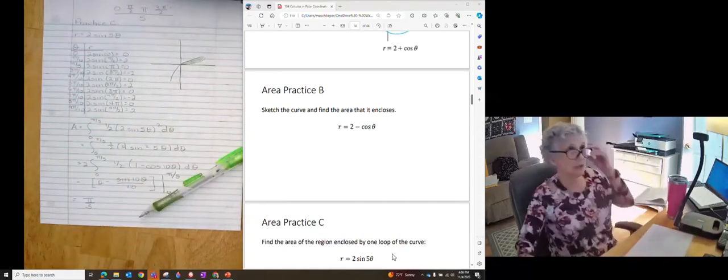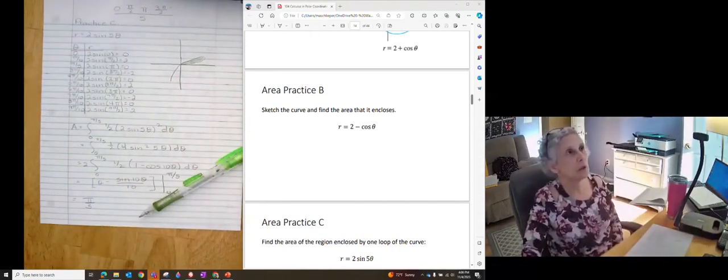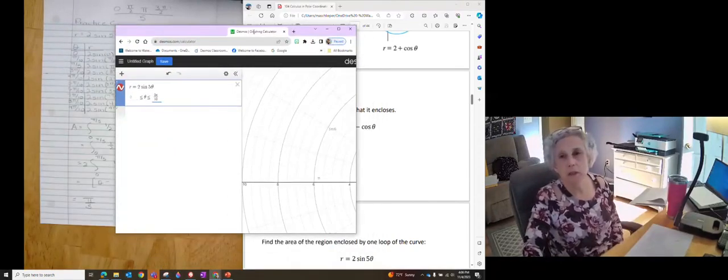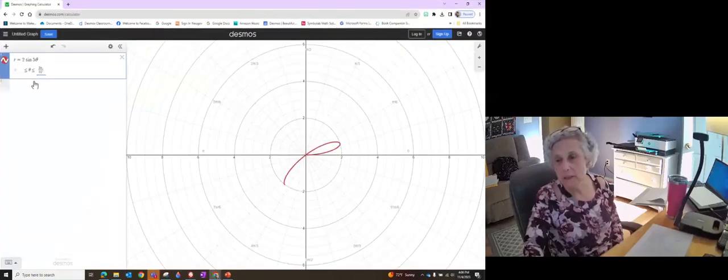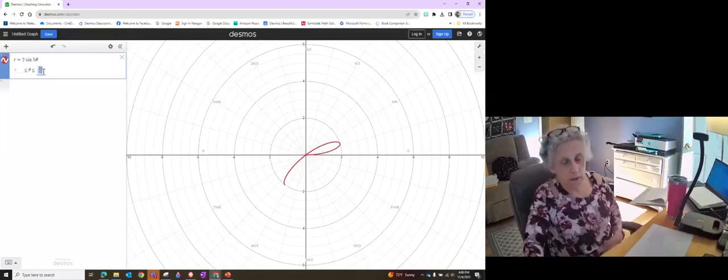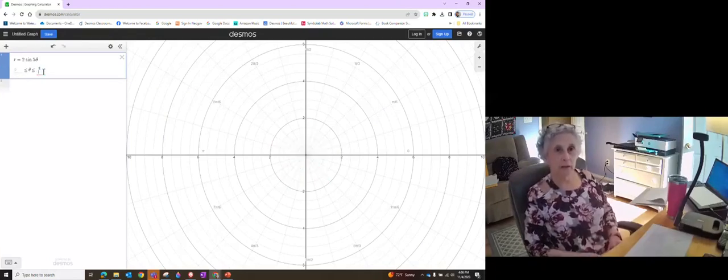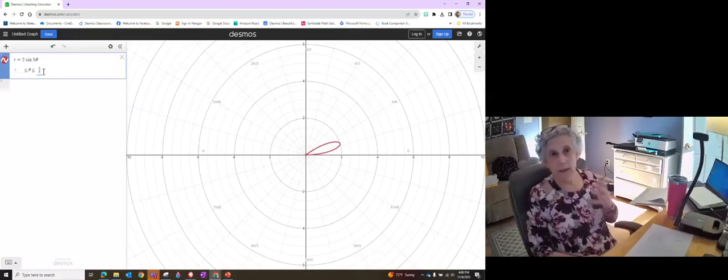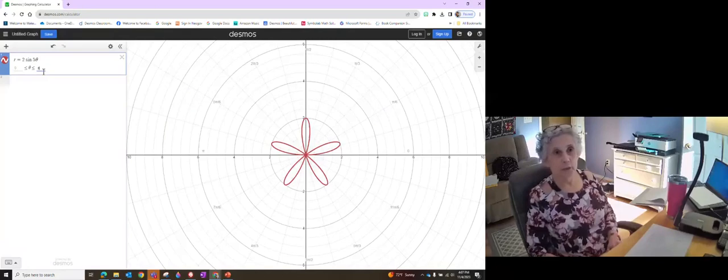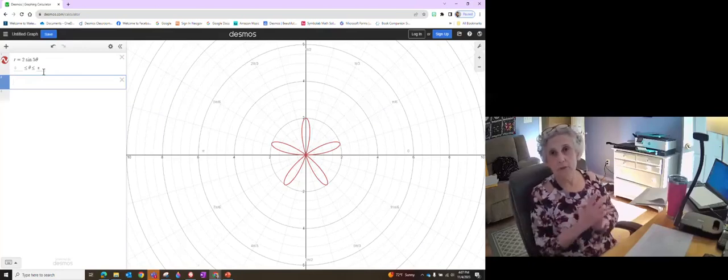If you want to do some exploring, you can use Desmos, which I plugged it into. If I just go from 0 to 3 pi over 10, I get this extra little loop here. In order to get the first loop, I only needed to go from 0 to pi over 5. That gave me my first little loop there, and it creates the whole rose on the interval from 0 to pi.